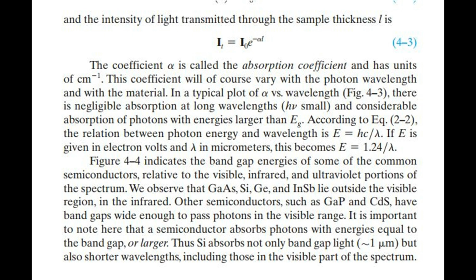Other semiconductors, such as gallium phosphide and cadmium sulfide, have band gaps wide enough to pass photons in the visible range. It is important to note here that a semiconductor absorbs photons with energies equal to the band gap, or larger. Thus silicon absorbs not only band gap light, around 1 micrometer, but also shorter wavelengths, including those in the visible part of the spectrum.